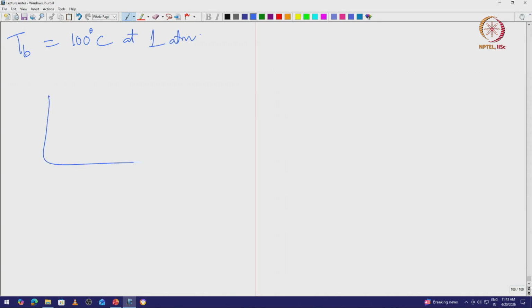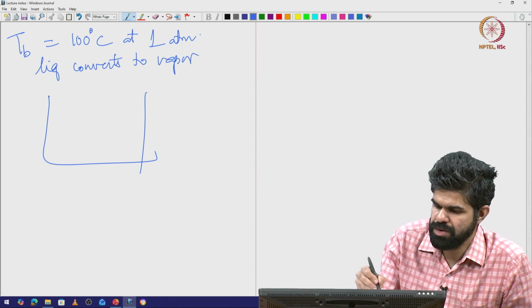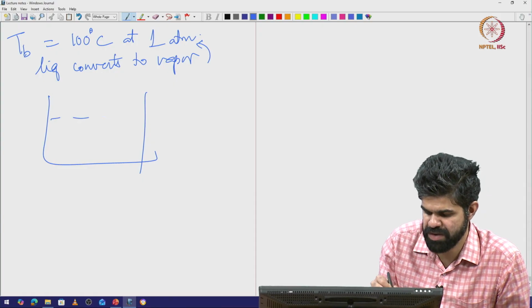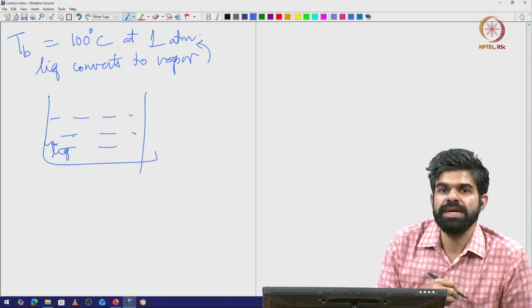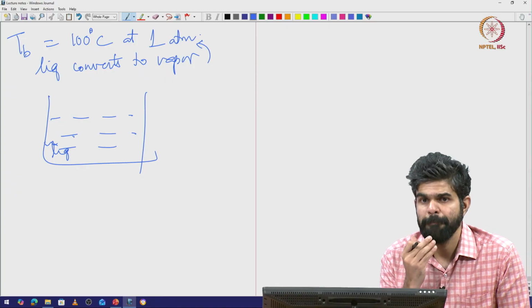So, liquid converts to vapor at 1 atmosphere at 100 degrees Celsius, okay. So, I have a liquid, or I have water, and this water would convert to vapor, I am saying, at the boiling point, right.